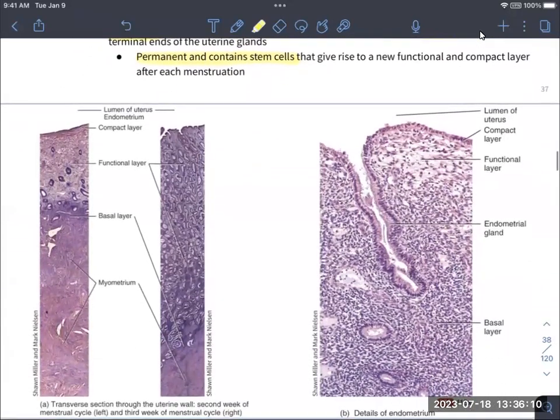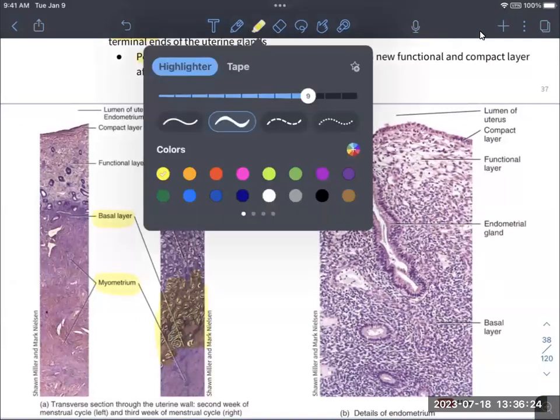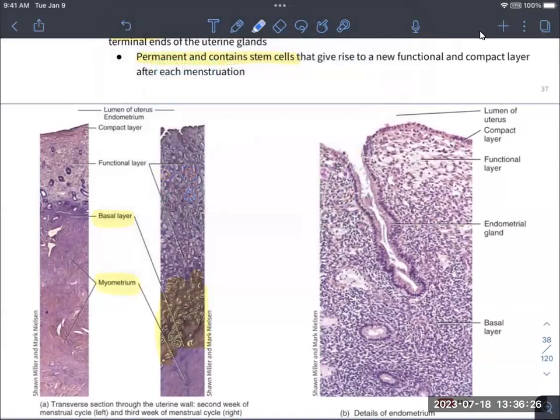So here we can see, here's that myometrium, that muscle. Here we can see that basal layer. So all of these cells through here are going to always remain. The rest, this functional layer, and most of that's a functional layer, this compact layer at the top, this is what gets shed during menstruation.